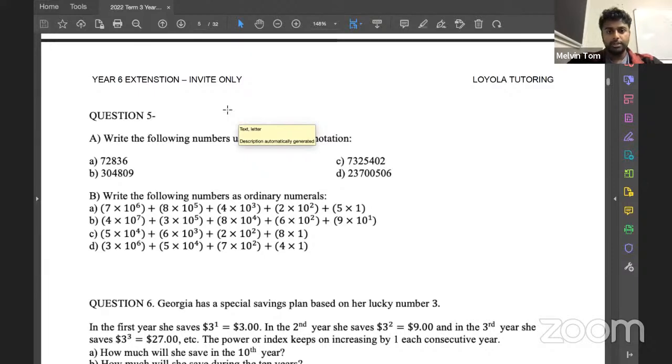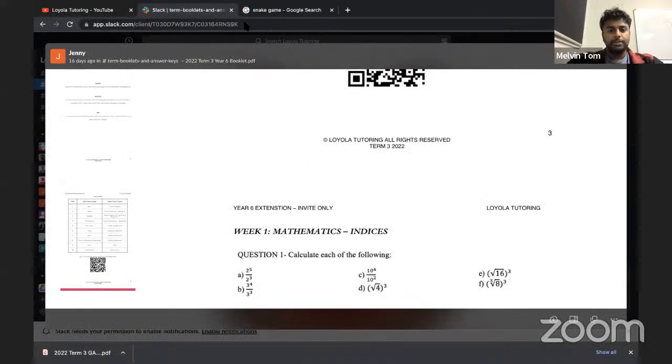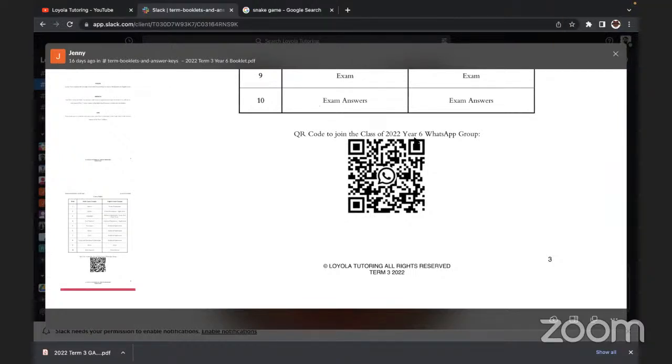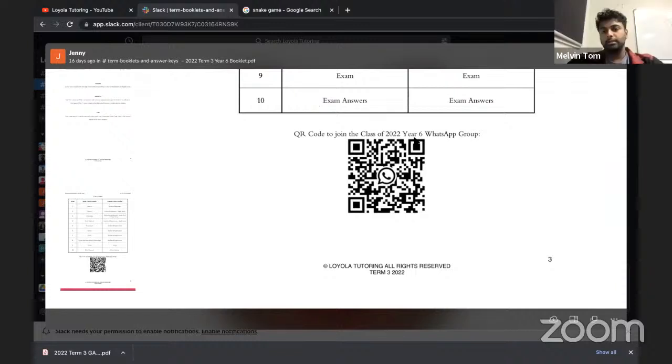I want to show you guys one other thing before we start. On your year 6 booklet, there is a link to join the year 6 WhatsApp group. We have made a new WhatsApp group just for the year 6s. Please join this one and leave the other WhatsApp group.